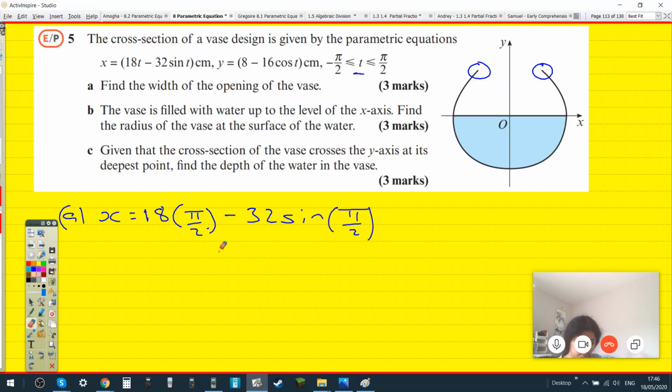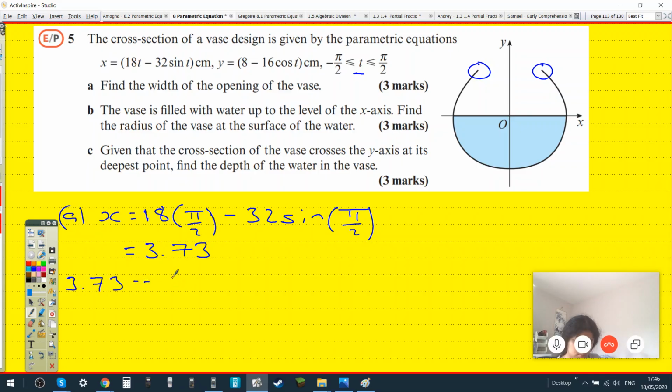So the one for minus pi over 2 is 3.73. And the one for pi over 2 is minus 3.73. Looks right. Wait, no, just do 3.73 minus 3.73.